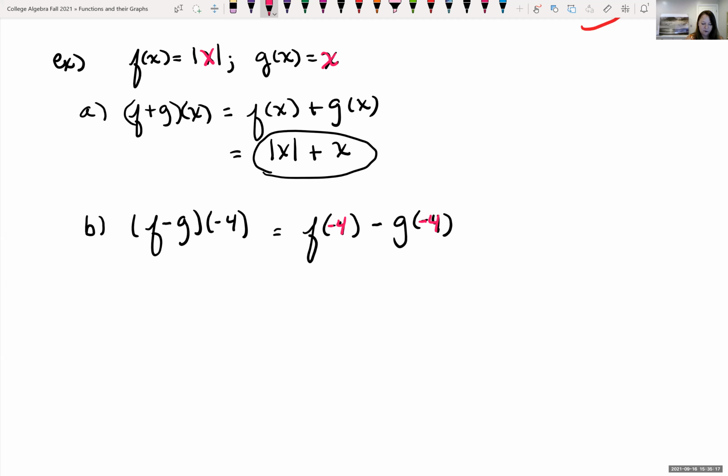So f of -4, we have the absolute value of -4, minus g of -4. So plugging in -4 wherever I see an x, this would be minus -4. So we can simplify this. Absolute value of -4 is 4. Minus a negative is plus. So I have 4 plus 4, which is 8.